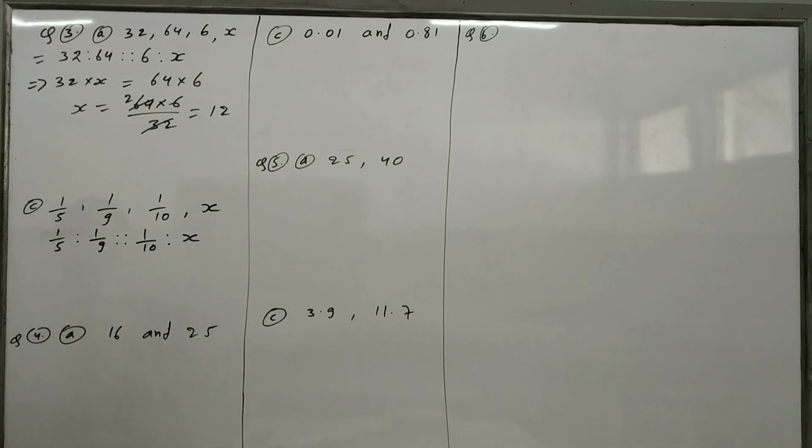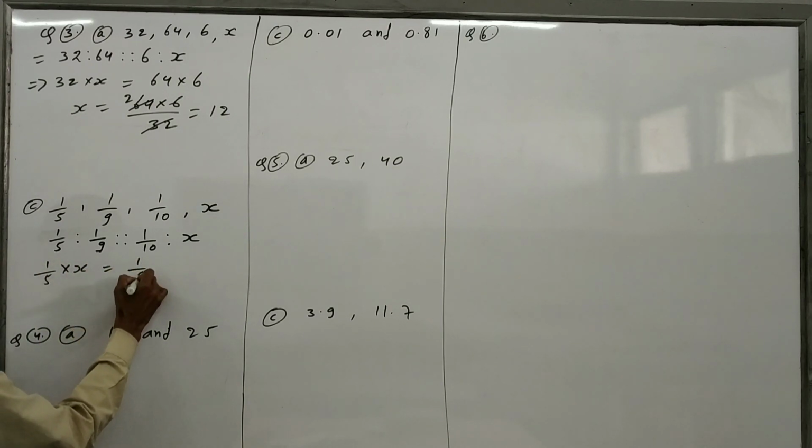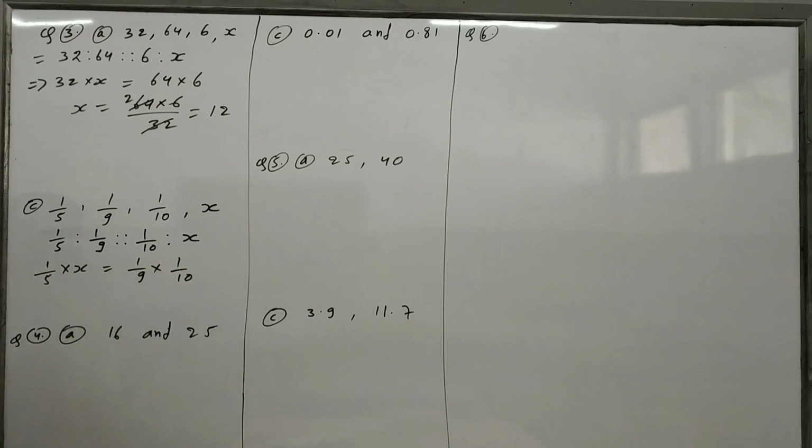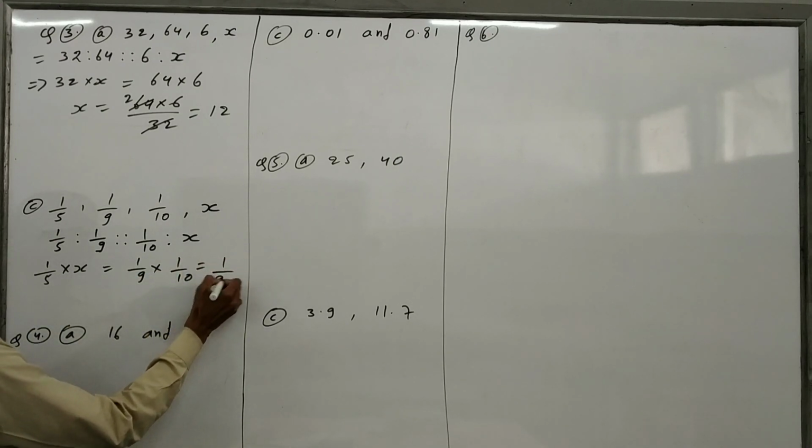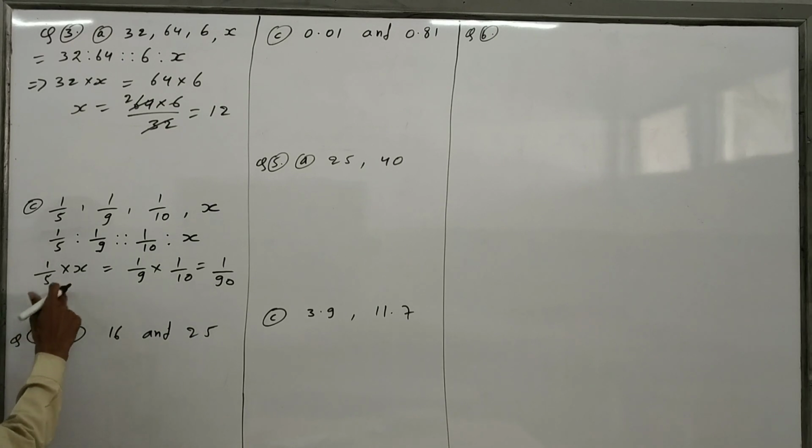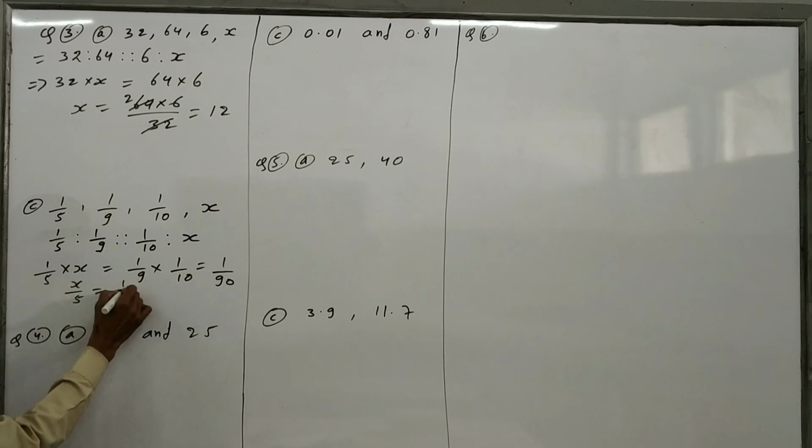We apply the formula again: multiply this to this and this to this. So 1 upon 5 into x is equal to 1 upon 9 into 1 upon 10. Multiplying, 1 upon 90 will come. Then x upon 5 is equal to 1 upon 90.